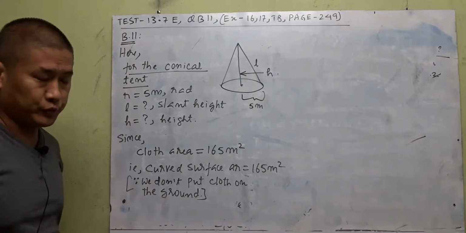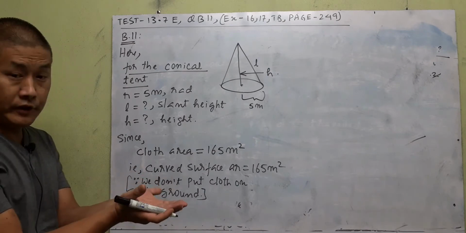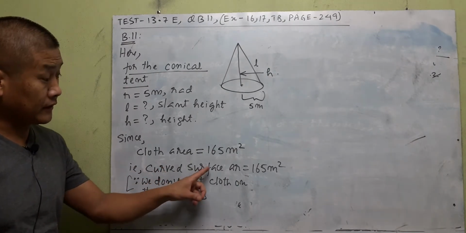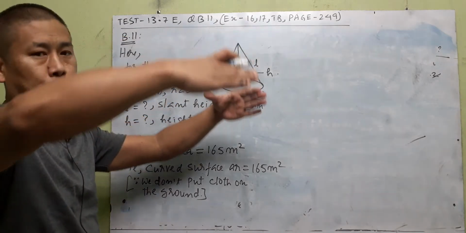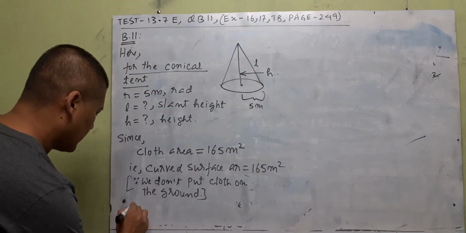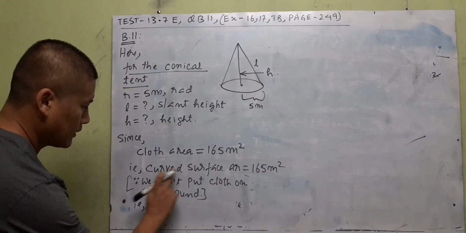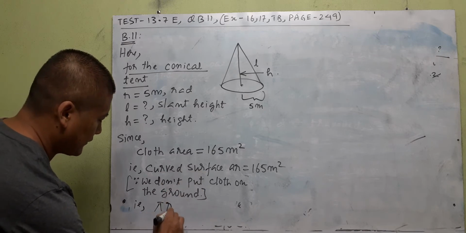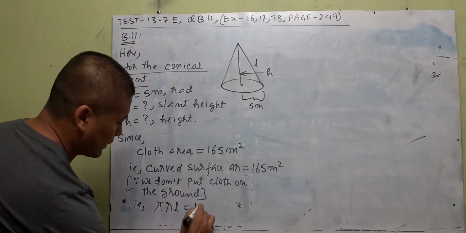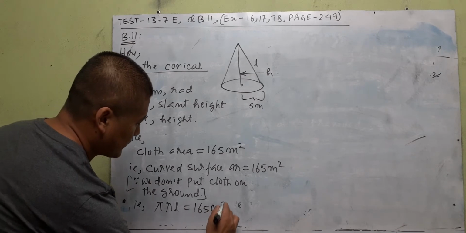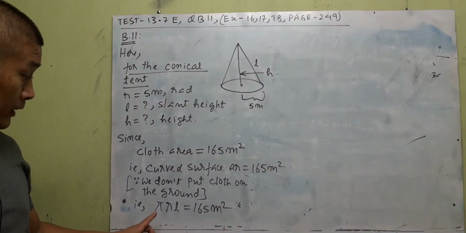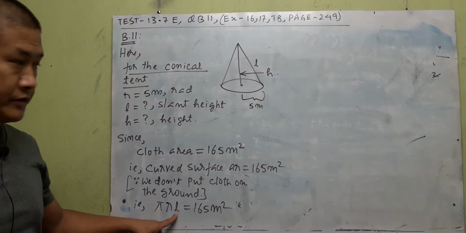So we don't need to put it on the ground. That's why the ground area is not taken into consideration, only the curved area which covers the outside, right? So that is clear to us. That is, the curved surface of a cone formula is pi RL. We all know that quite well. 165 meters square, right? So we can get the L from here, you see.